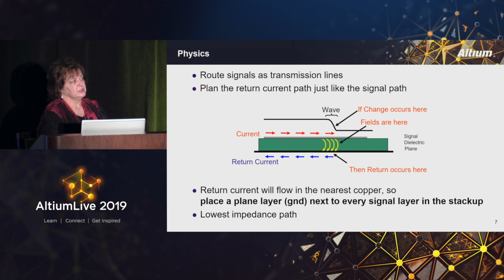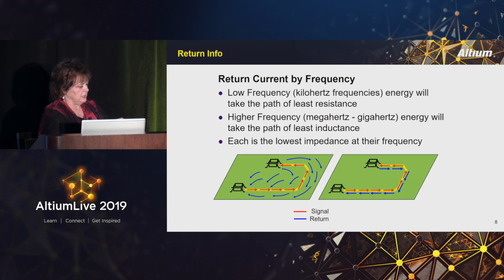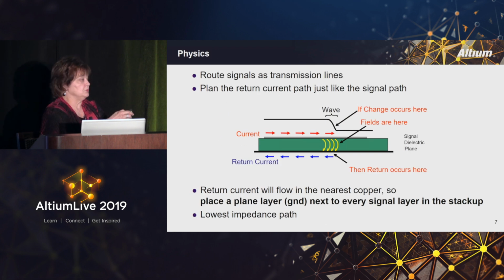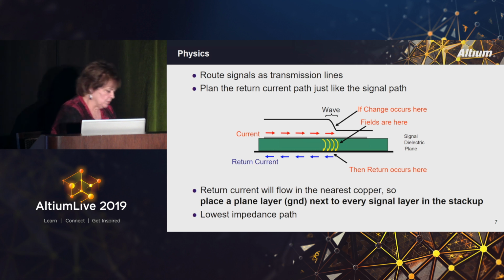When the signal is actually turning on, you should route it as a transmission line, which is the signal and its return path, which is a plane in the layer right next to it, at least one side of it, if not both. And you should understand that when the signal is traveling down the trace, this is the signal layer, this is a pictorial representation of what I was talking about a minute ago.